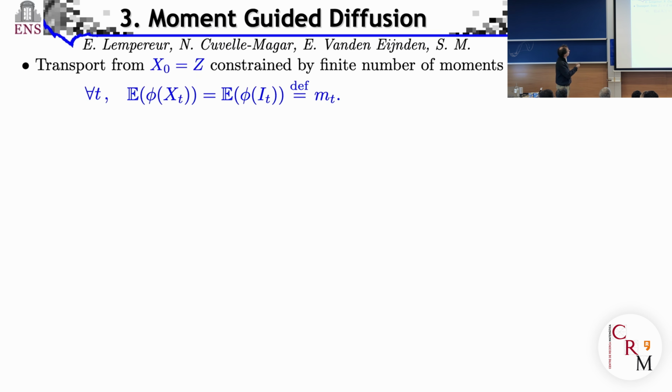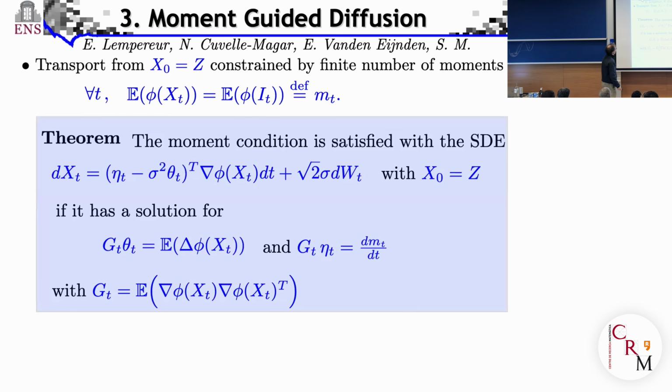And that's the result that was obtained by Étienne Lempereur, Nathanael Cuvel-Magard with Eric van den Eyden. The idea is the following. Essentially, we are going to use the same strategy as the homotopic optimization previously described.